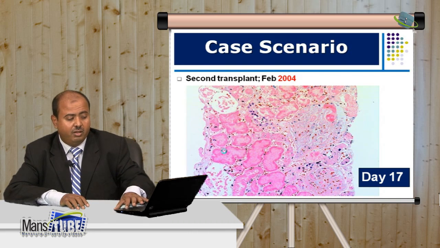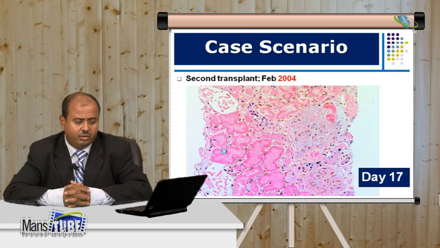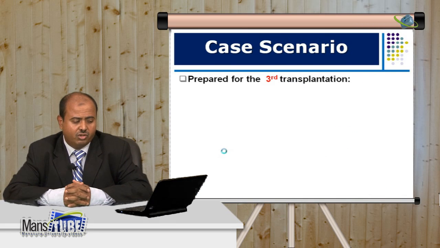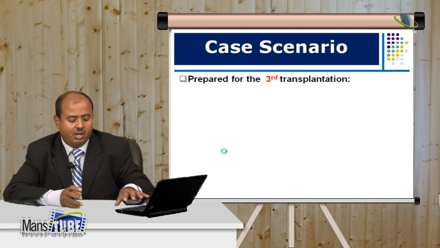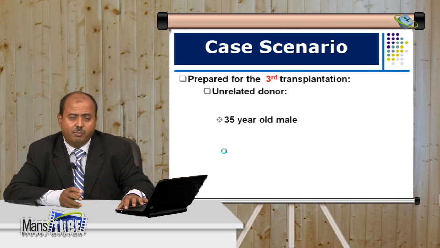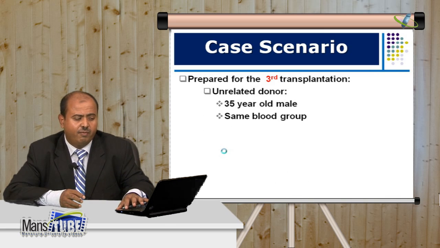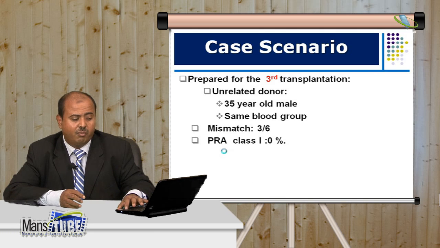Unfortunately, he developed a severe form of rejection that ended with cortical necrosis, with failure of treating this patient with anti-thymocyte globulin. So the patient was maintained on dialysis for 3.5 years and prepared for the 3rd transplantation from an unrelated donor, a 35-year-old male, same blood group, 3/6 mismatch of HLA.